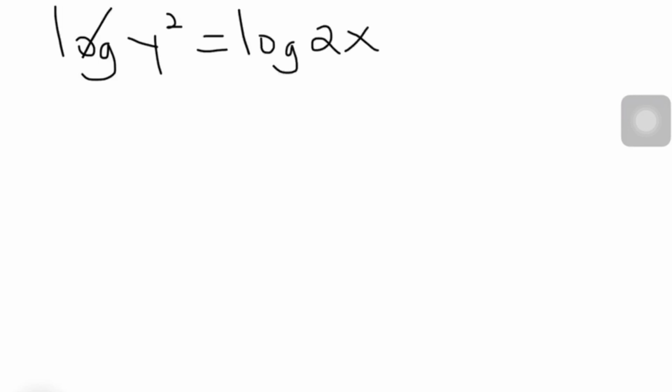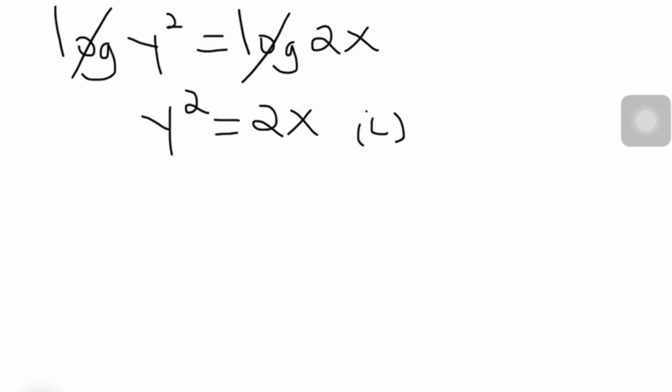We can cancel the logs, and y squared is the same as 2x. So we have our first equation like that, and our second equation was 2 power y is equal to 4 power x. Now we can solve these two.